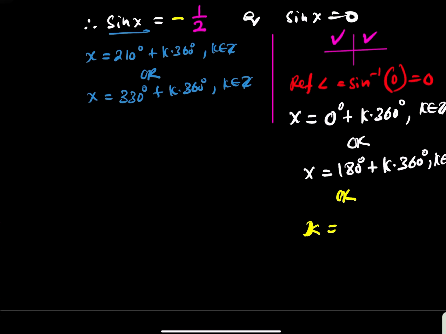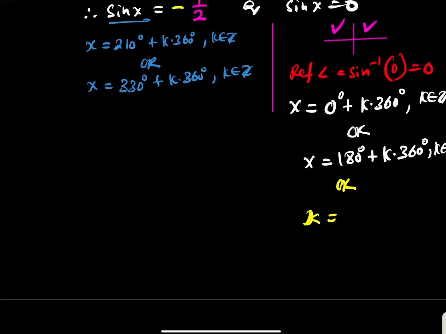But because it is equal to 0, it changes the period. So that is 180 degrees times k, where k is an element of Z. Or you can say it's 0 plus 180 degrees times k, where k is an element of the integers. It's the same thing.